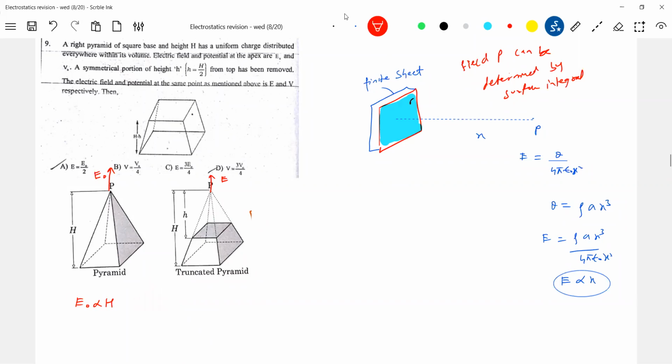If I draw a smaller pyramid, I need a smaller pyramid. I'll draw it.